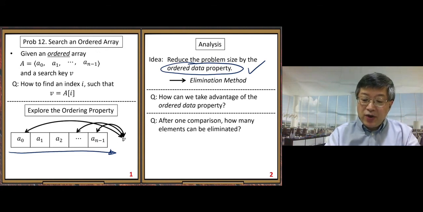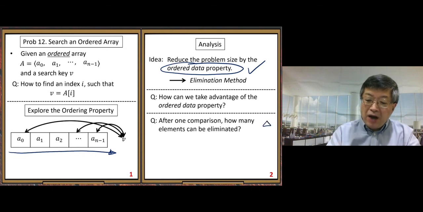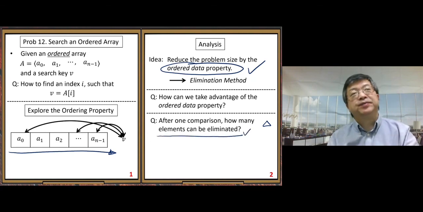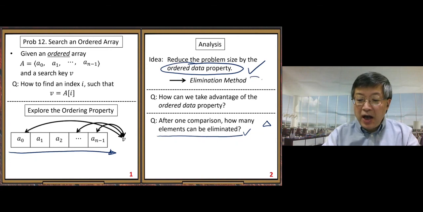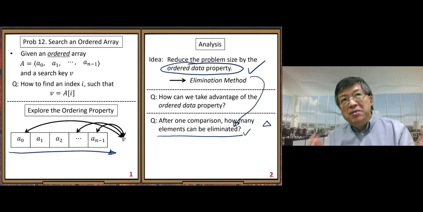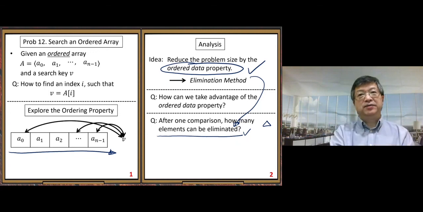First, the main question we want to ask: after one comparison, how many elements can be eliminated? That's the essence of the elimination method. How many elements can be eliminated?